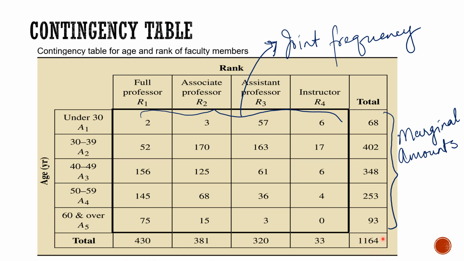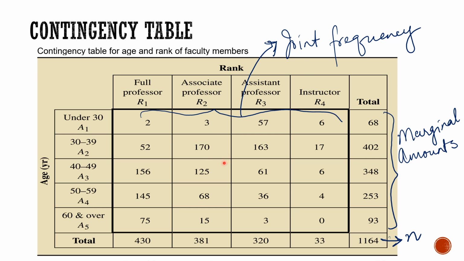So 1164 is going to be what's called our N. That's the total sample size. I hope you understand which ones are the marginal frequencies and which ones are the joint frequencies.